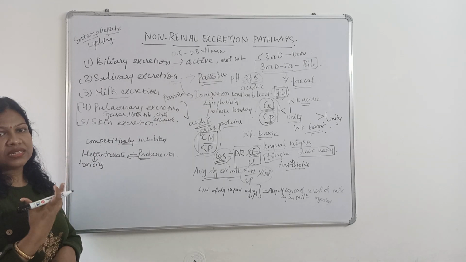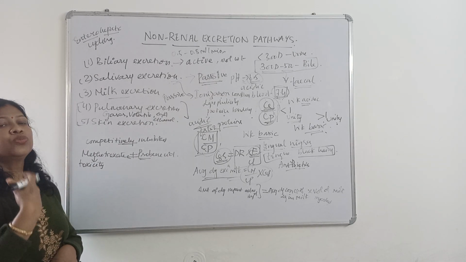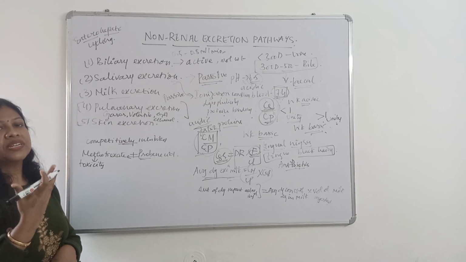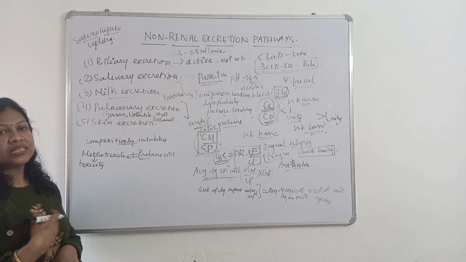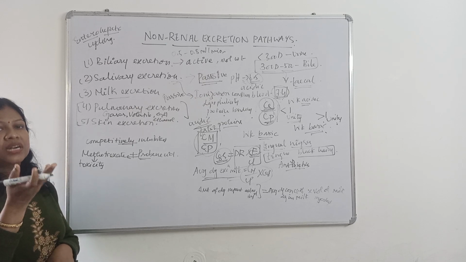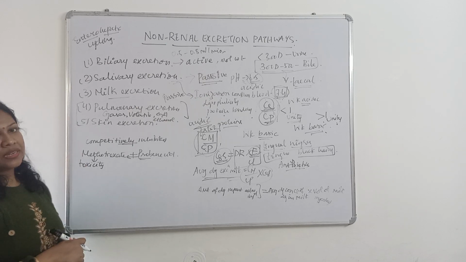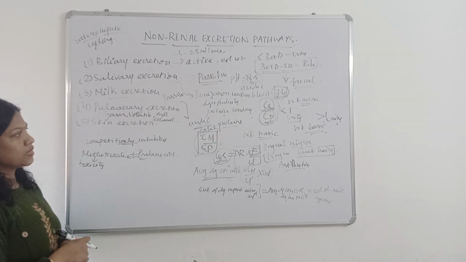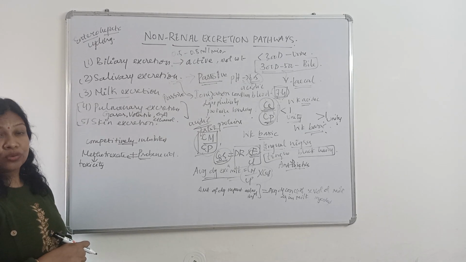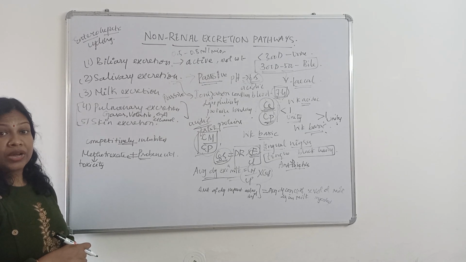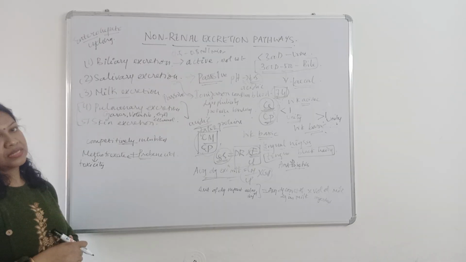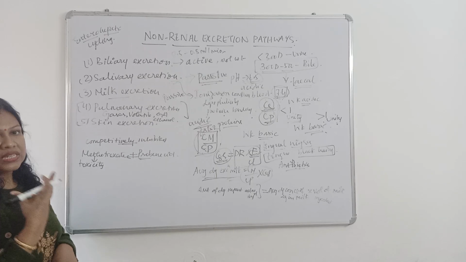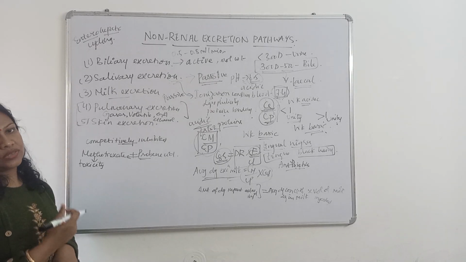Since they are gaseous in nature, they may be excreted through exhalation. For example, general anesthetics as well as ethanol, chloroform, halothane, all these can be excreted through the lungs. Lungs are responsible for excretion of some volatile or gaseous drugs.